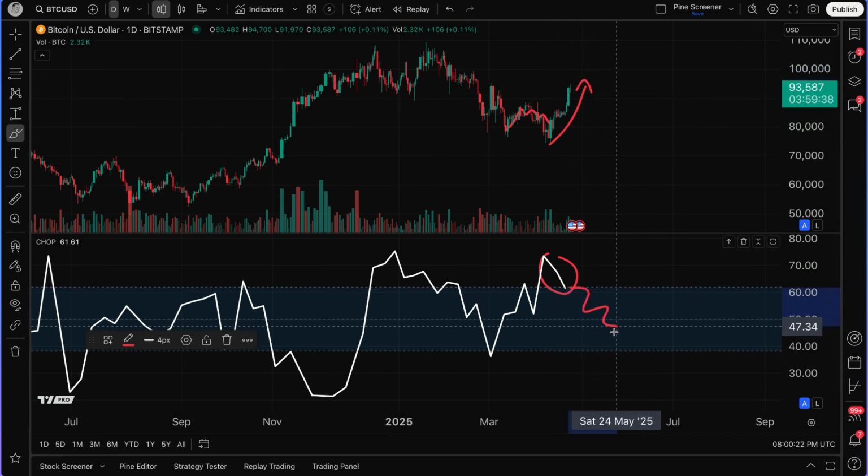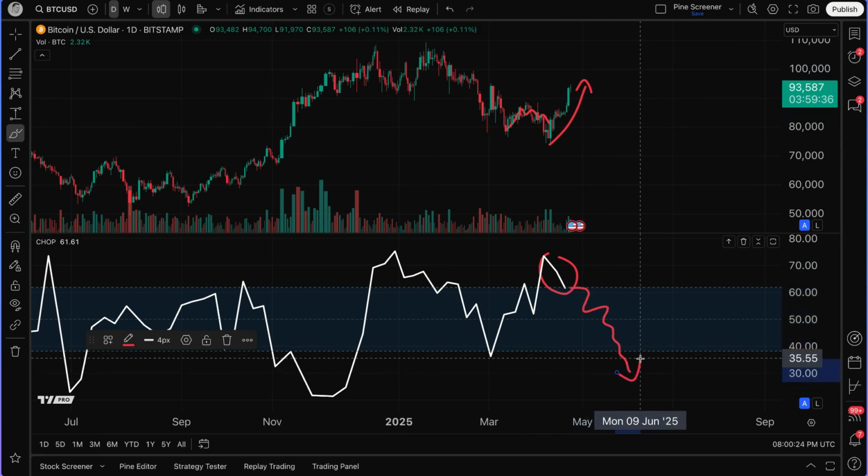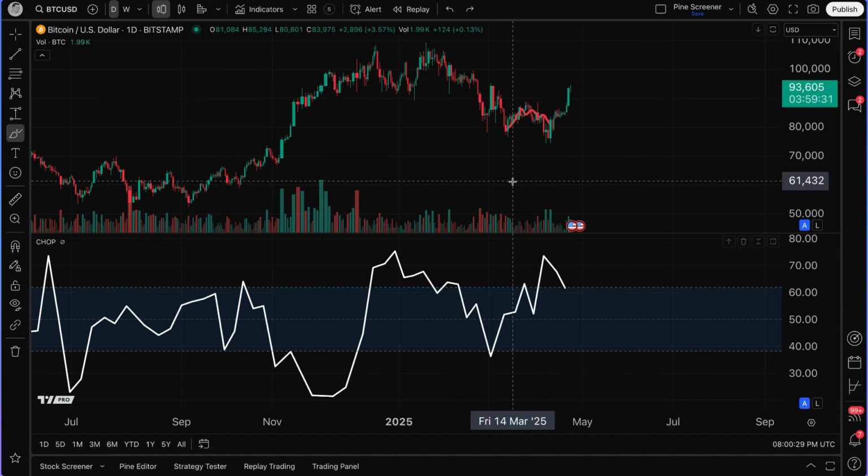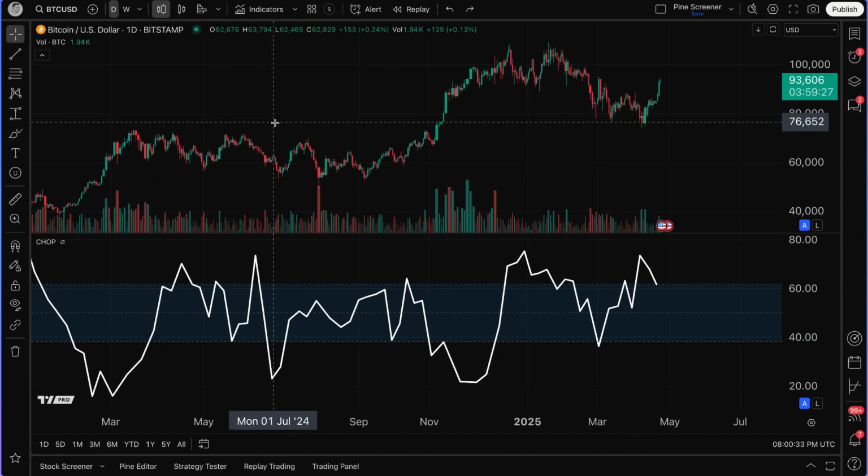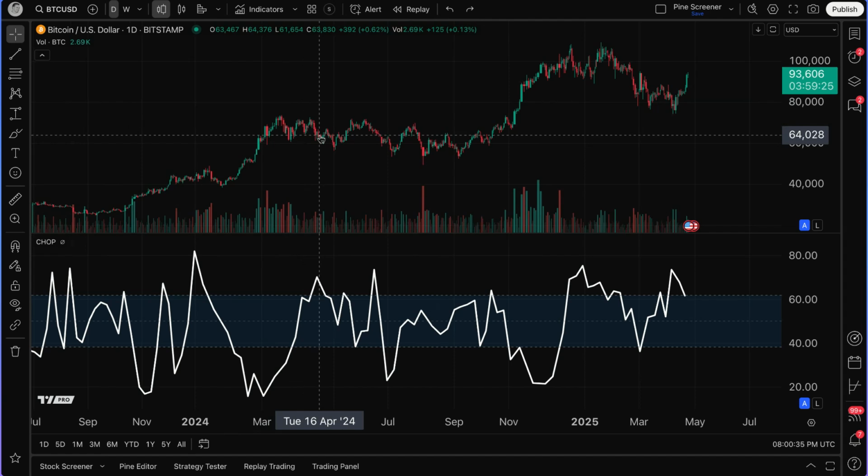Remember, the closer this gets to 0, the indicator is trying to say that means it's now trending, not going sideways, not being choppy. So you can do some historical research with this indicator to understand just how choppy specific moments in time were.